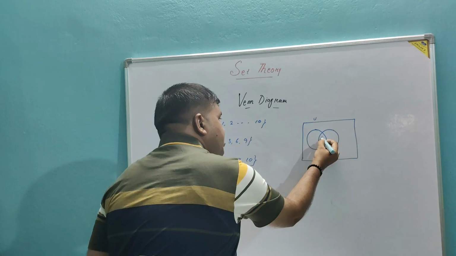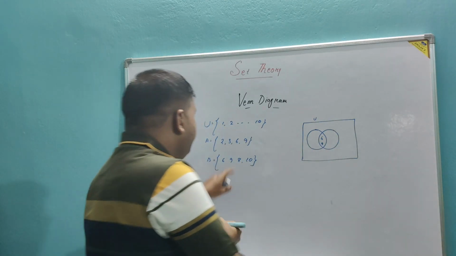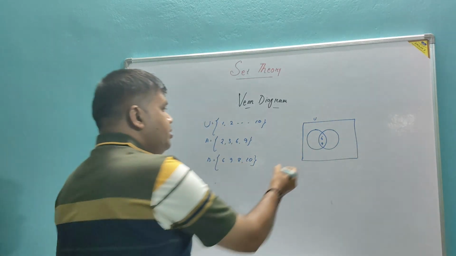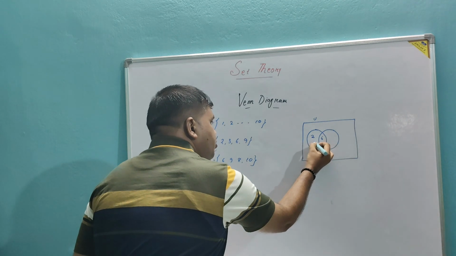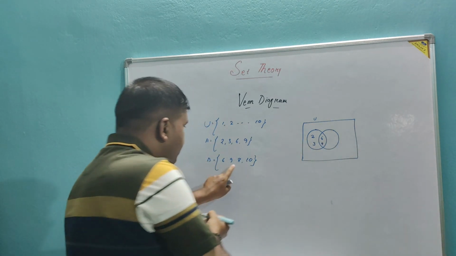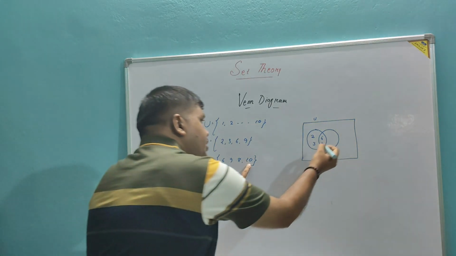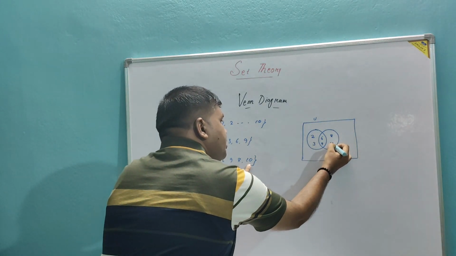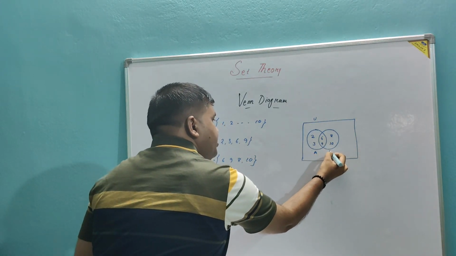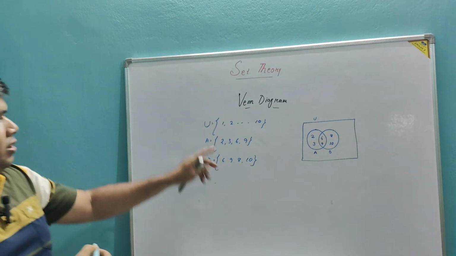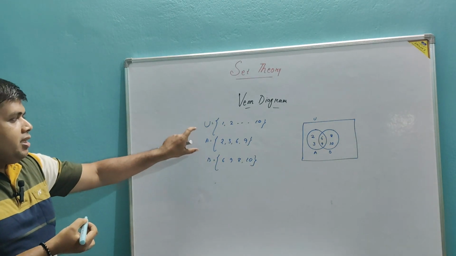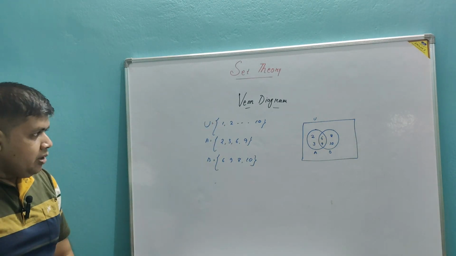So it will contain 6, 9, and the rest of the elements, 2, 3 in A, and what are the other elements in B? 8 and 10. So 8 and 10 will be placed here. So this is A and this is B.